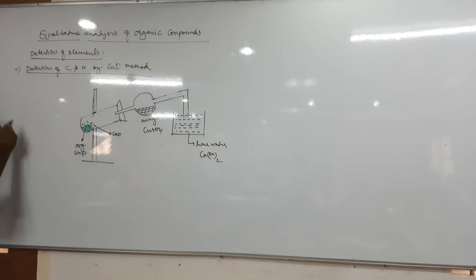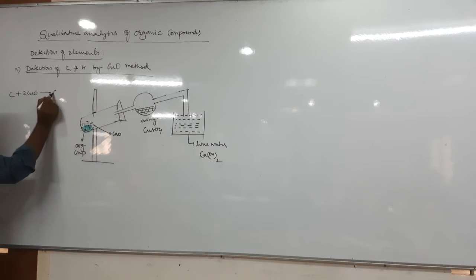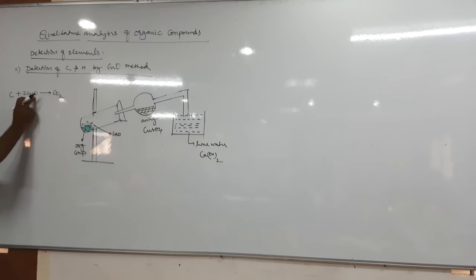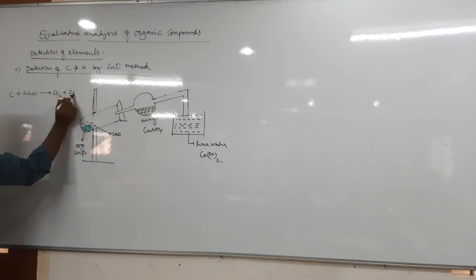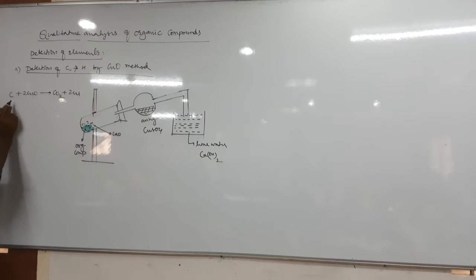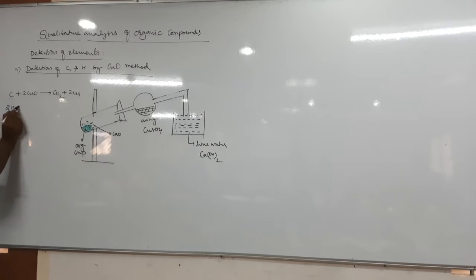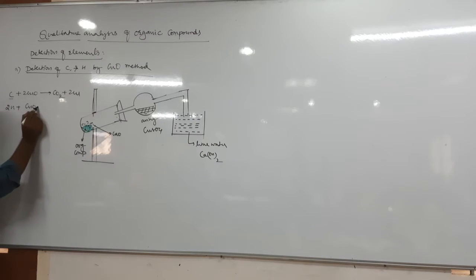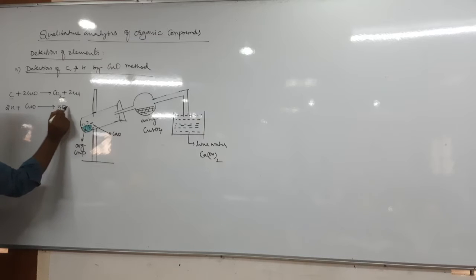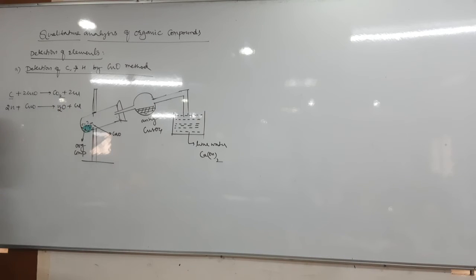The organic compound contains carbon, no? Carbon is oxidized in the presence of copper oxide, it gives rise to what? CO2. One carbon, two oxygen, CO2, plus you will get 2 Cu. So that means carbon is oxidized to carbon dioxide. The hydrogen present in the organic compound also undergoes oxidation, it forms water, plus Cu will be a byproduct.